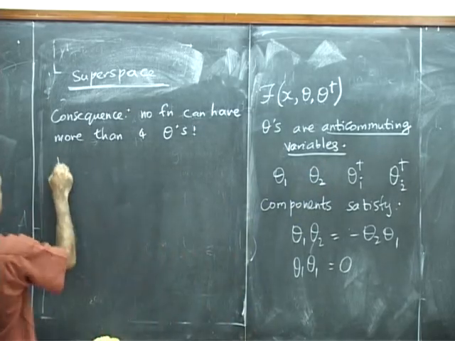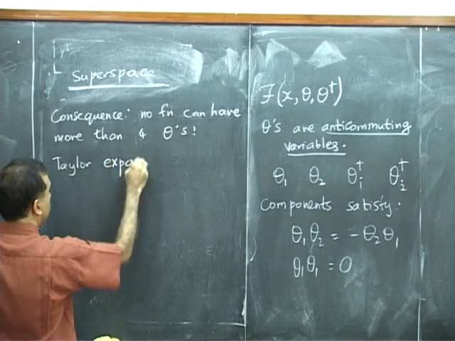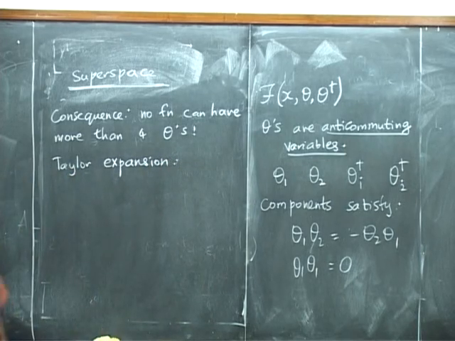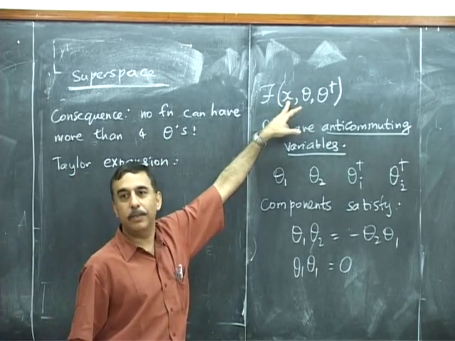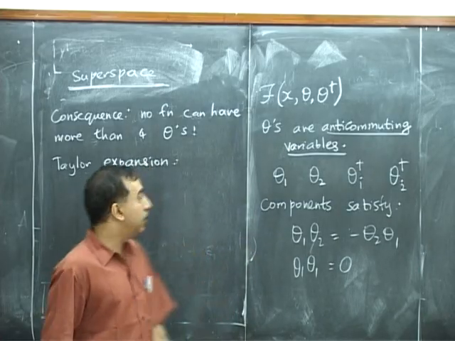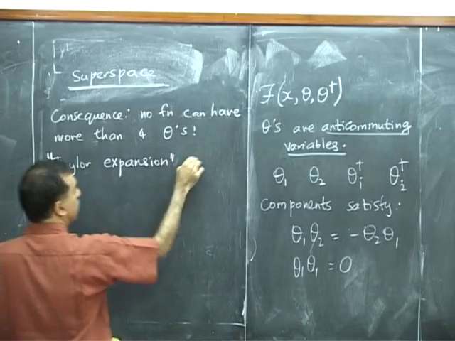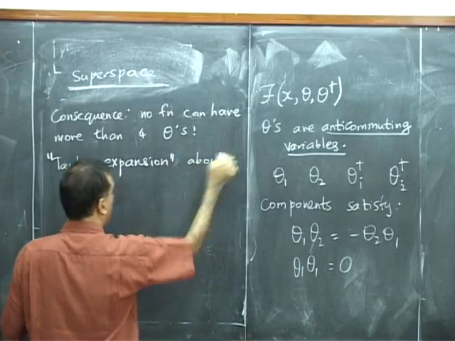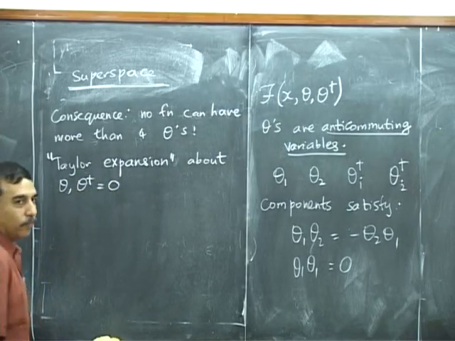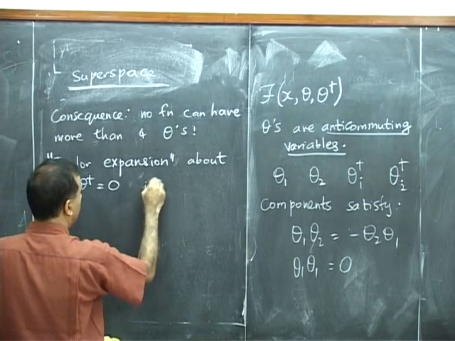Okay? That means that the Taylor expansion, we are used to the idea of a Taylor expansion of a function, let's say function of x about the point x equals 0. It's a power series which never terminates. But the Taylor expansion, I put it in quotes because it's actually much simpler than a Taylor expansion, about the point theta, theta dagger equals 0 in superspace is finite.